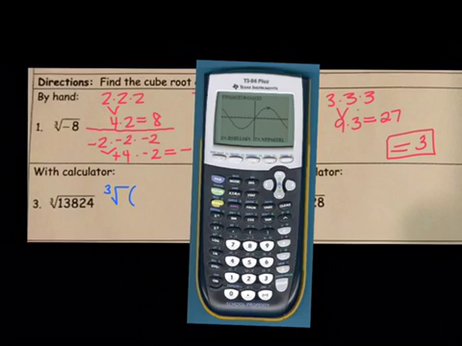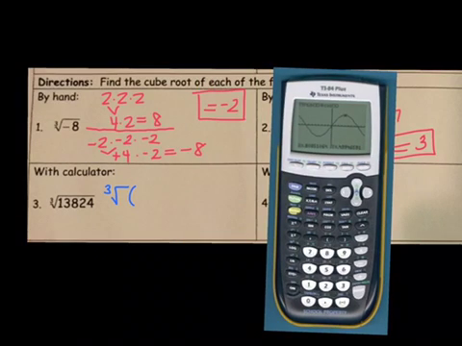Should look just like that. Okay, so press number 4 on your calculator and that should pop up on your screen. Alright, now we're going to enter in our numbers that we're using. So 13,824. So make sure you enter those numbers.